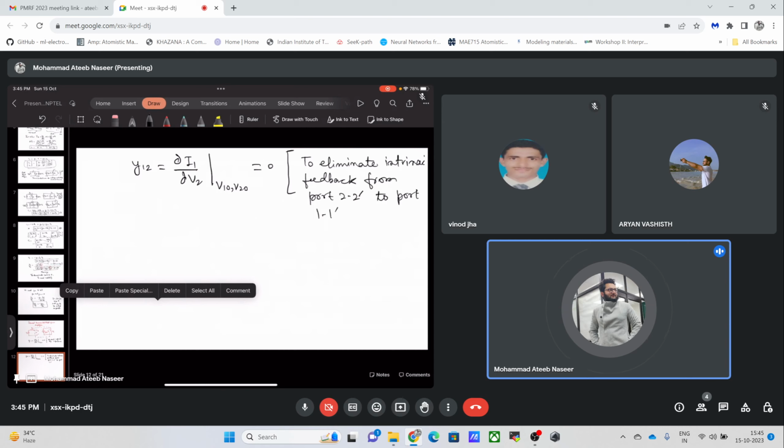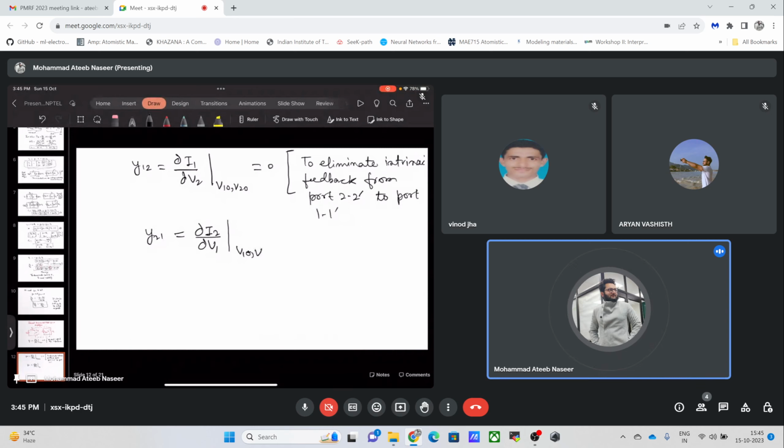So we want y21, which is di2, the change in the output current with respect to the input small signal incremental change, at V10 and V20, to be as high as possible. Basically, this y21 is our gain term.